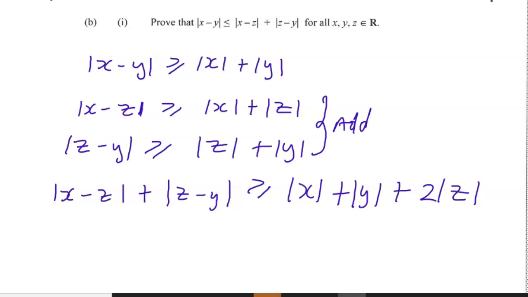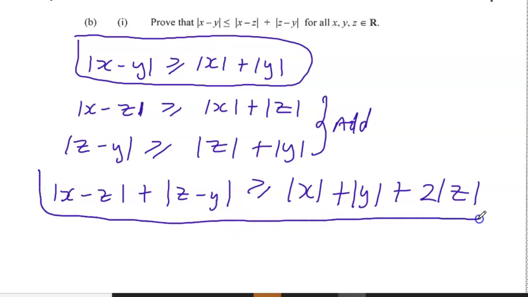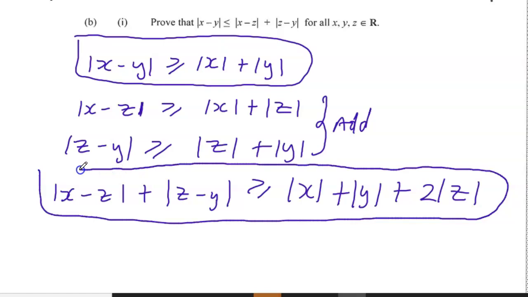So we can do some logical reasoning now. Let me just circle what I'm comparing. I'm comparing the modulus of x minus y with the result of the summation here. Let's compare these two inequalities. The modulus of x minus y is greater than or equal to mod x plus mod y.